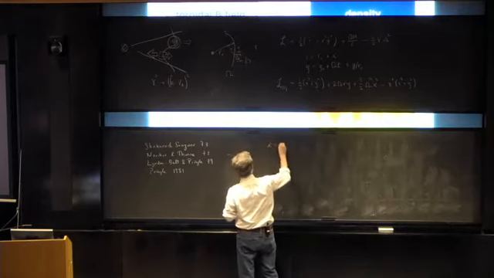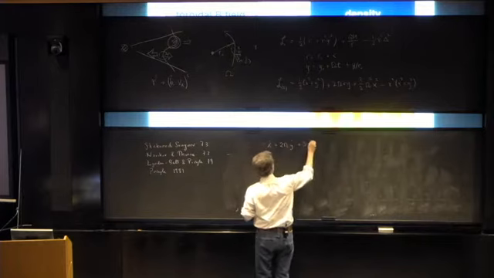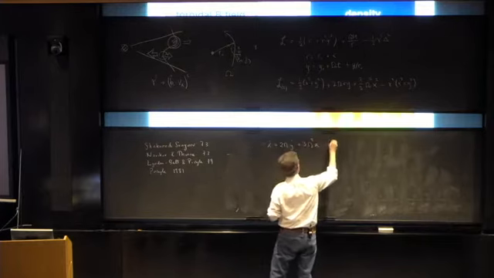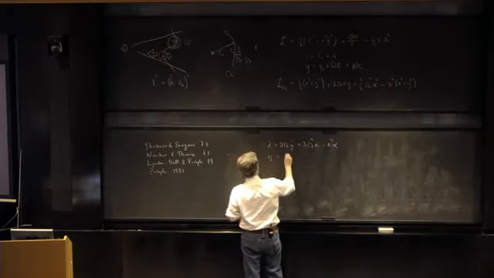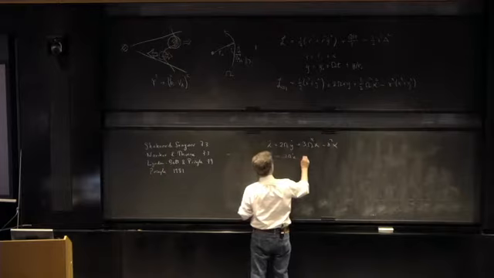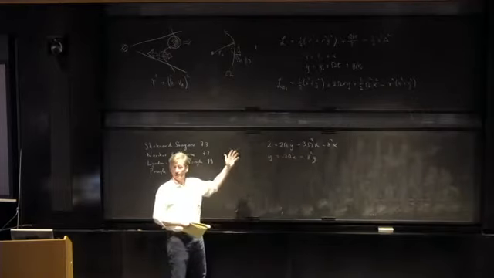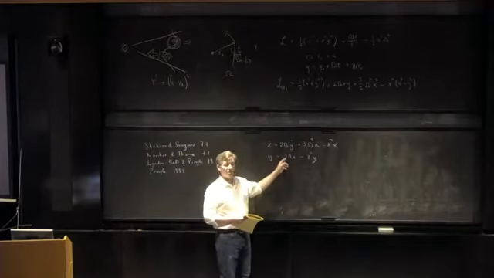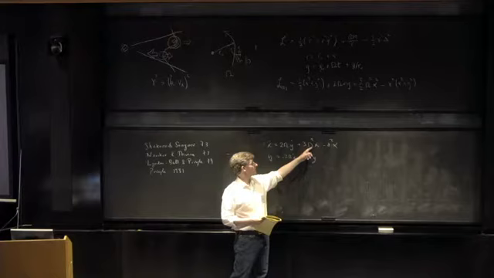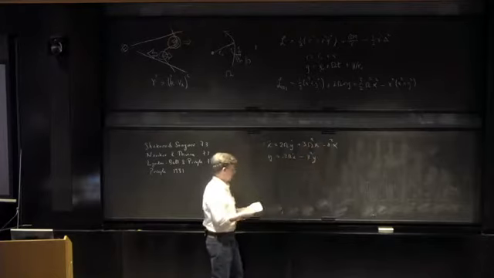X double dot is equal to 2 omega y dot plus 3 omega squared x minus gamma squared x. Y double dot is minus 2 omega x dot minus gamma squared y. Okay, so this should look reasonably sensible to you. So here's the Coriolis term, here's tidal expansion of the potential, and here's the spring.